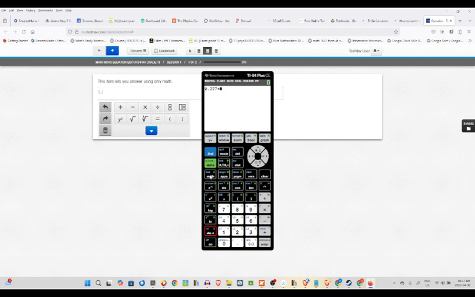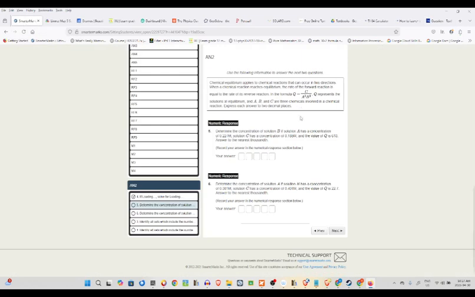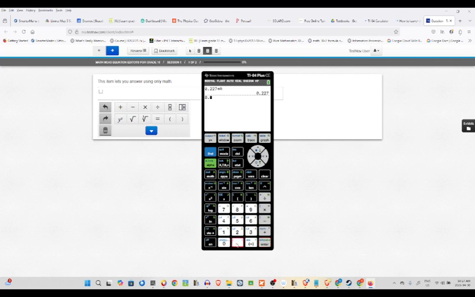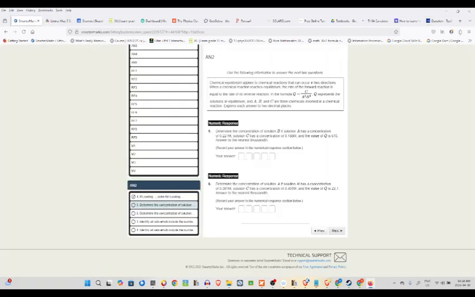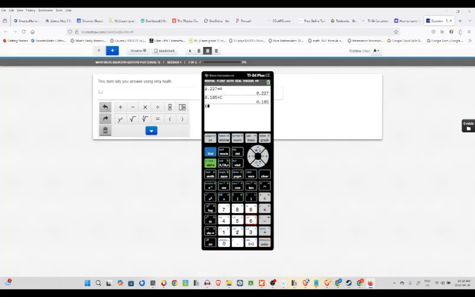I'm going to hit our store button and put it in A. Our C is 0.185. If we do this correctly, it's just going to give us the value, and our equilibrium constant is 613.